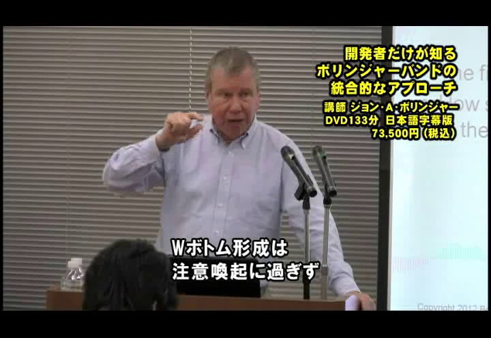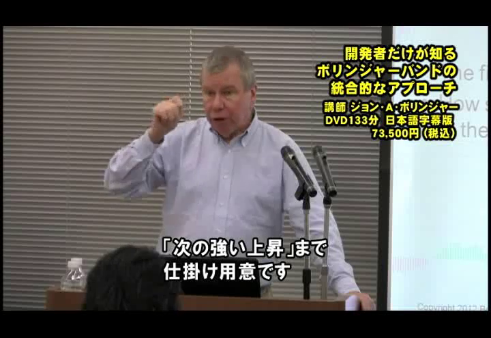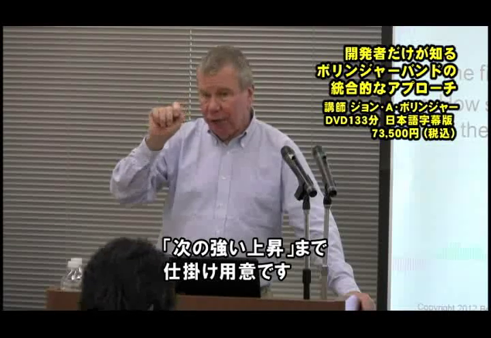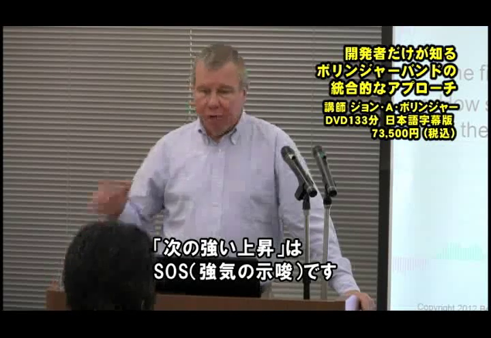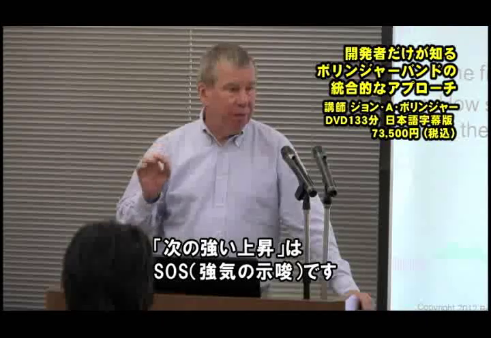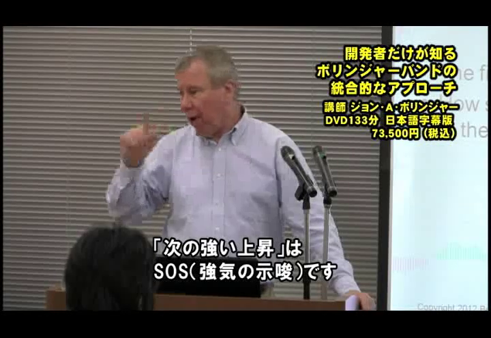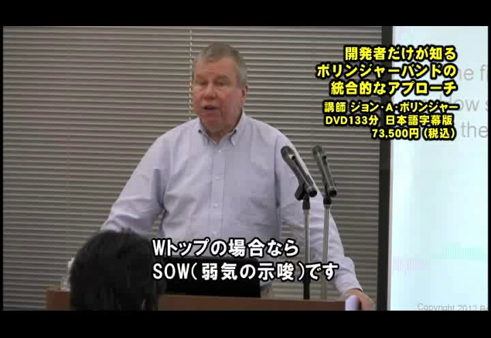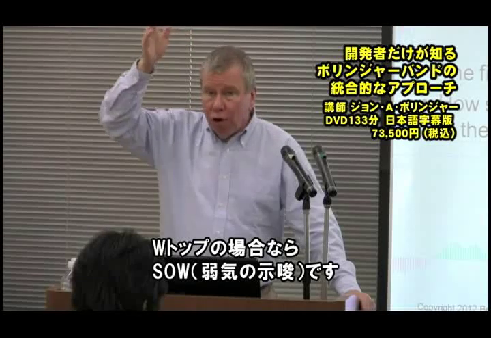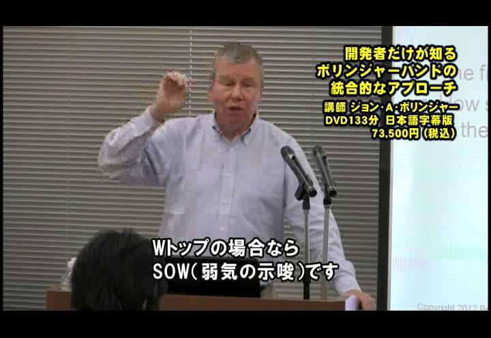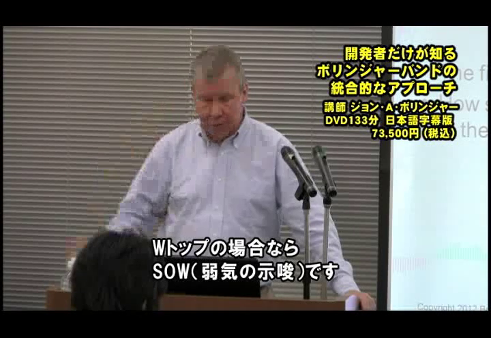The actual non-confirmation is an alert, and then that first strong day is actually the signal. That first strong day has a name. It is called a sign of strength, or SOS. If it is a top that we are talking about, and it is the first strong down day, it is called a sign of weakness, SOW.